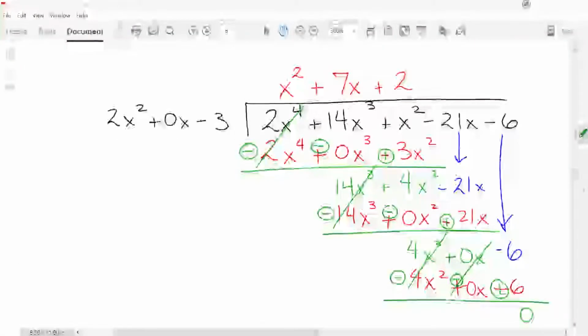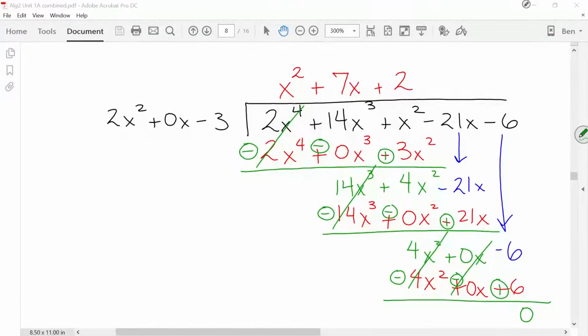Okay, which makes me know that 2x squared minus 3 divides evenly into 2x to the fourth plus 14x cubed plus x squared minus 21x minus 6. Or that 2x squared minus 3 is a factor of 2x to the fourth plus 14x cubed plus x squared minus 21x minus 6.